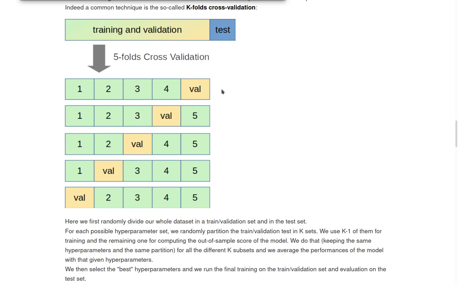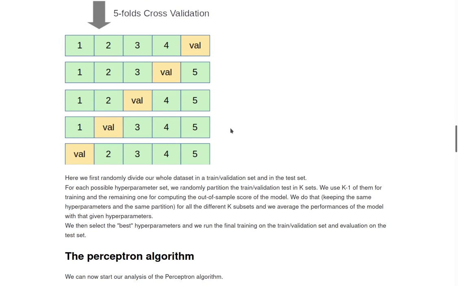We can repeat for another hyperparameter combination, and another, and so on, until we find the combination of hyperparameters that produces the lowest average error. We can also look at the standard deviation, so we can make a trade-off if the standard deviation of one combination is very low, even if it's not the absolute lowest error.